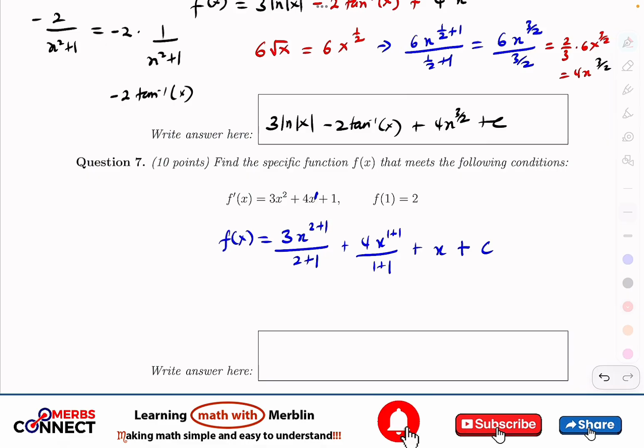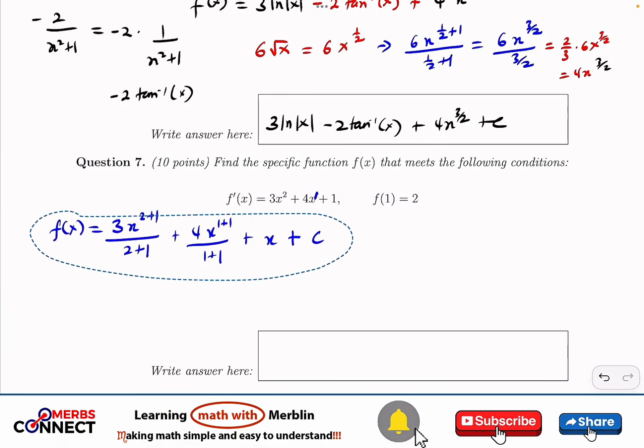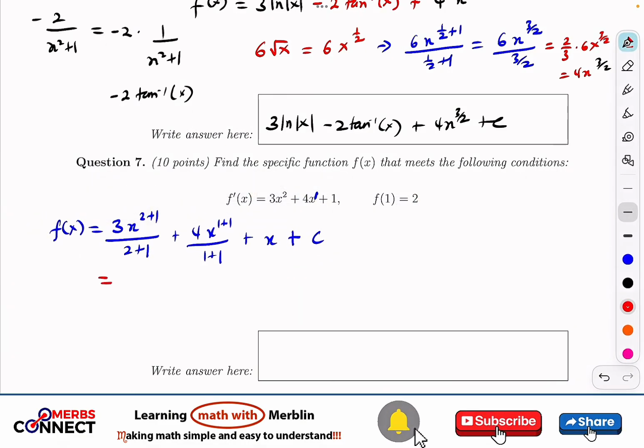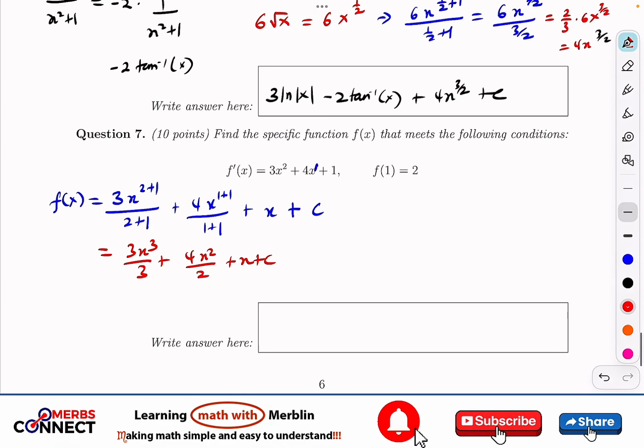Let's simplify this. Let me just shift this guy here. Now, this is the same as 3x cubed divided by 3 plus 4x squared divided by 2 plus x plus c. And indeed, this is the same as x to the power 3 plus 2x squared plus x plus c. So now we need to find c. So let me just write what we had here.